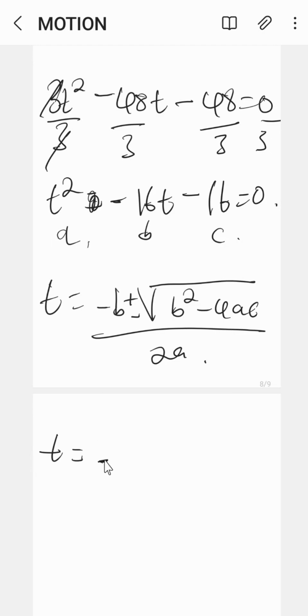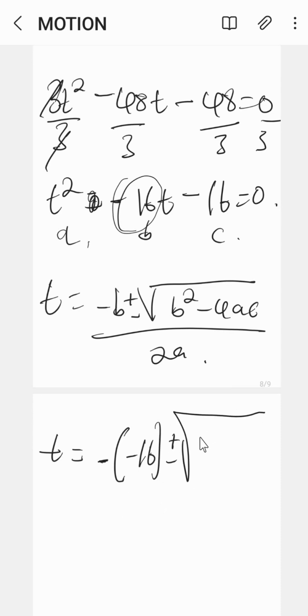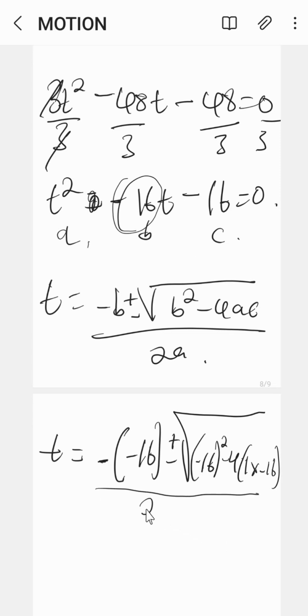The negative is not part of the b. The b is on its own, which is negative 16, the constant value is what we consider. So negative b plus or minus the square root of b squared, which is negative 16 squared, minus 4 times a, our a is the coefficient of t squared, which is 1, multiplied by negative 16, which is our c, over 2 multiplied by a, which is 1 again.